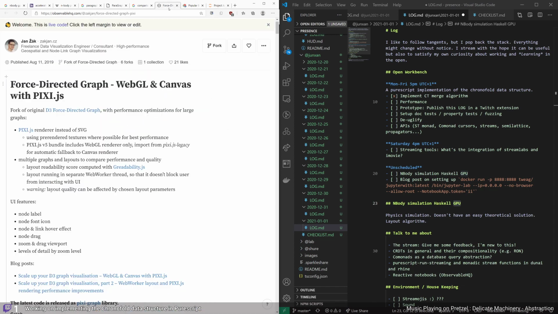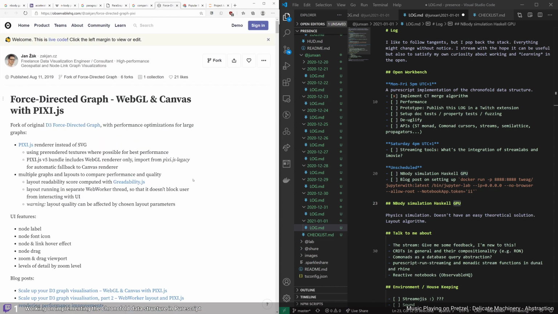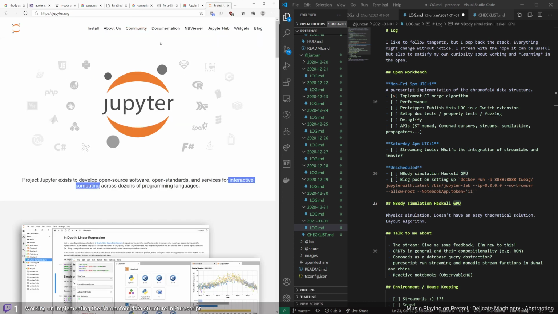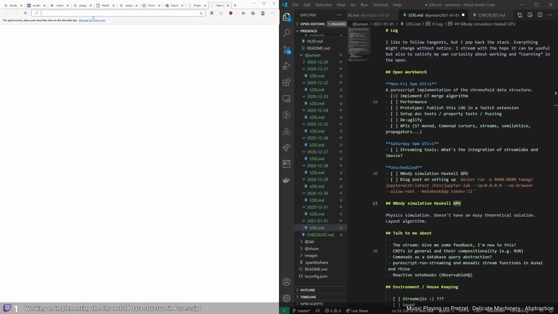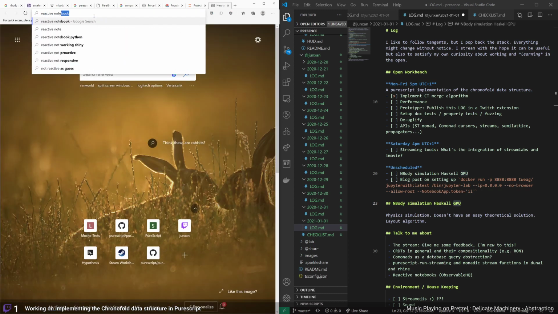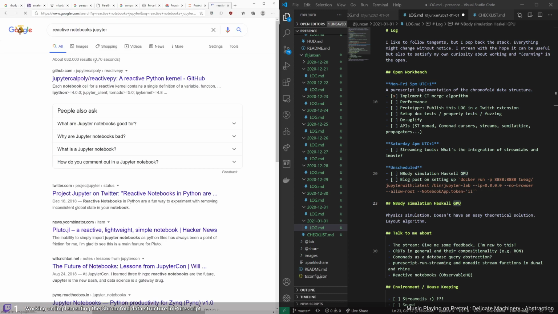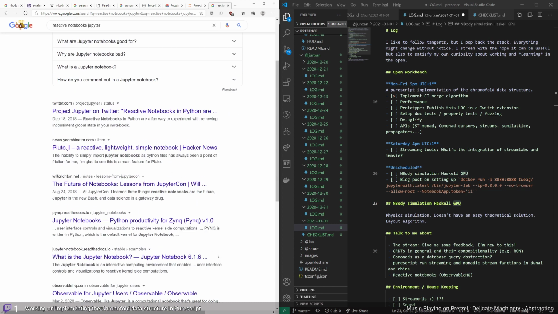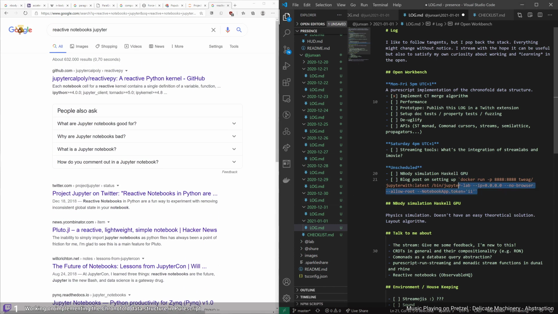But Observable HQ is an evolution from that, an evolution that actually you can trace to the Jupyter community. And that's something called Reactive Notebooks. And it was, I think, first experimented with the Python language, which is really the basis or one of the primary languages for Jupyter, even though, in fact, many more language implementations came out of it, including a Haskell one that I'm supposed to do a blog post about, and which I will.